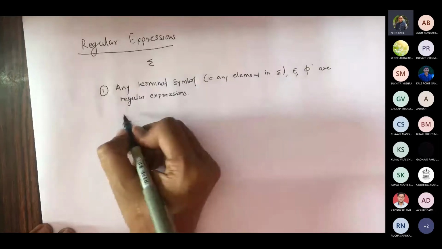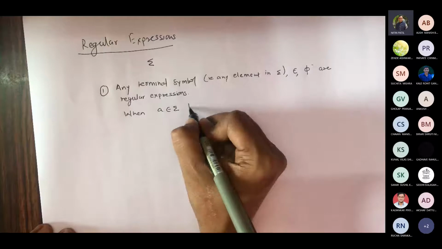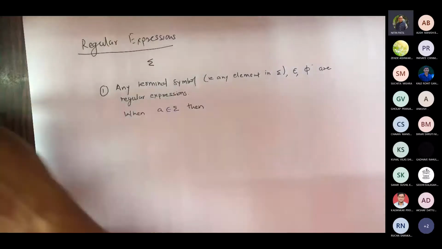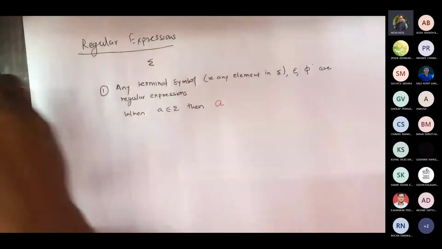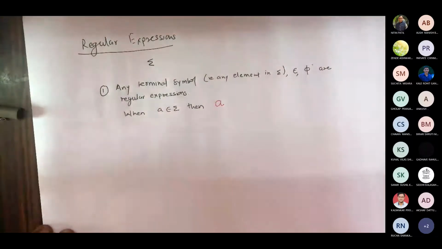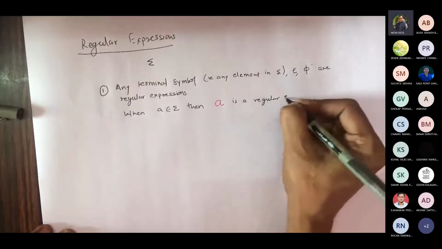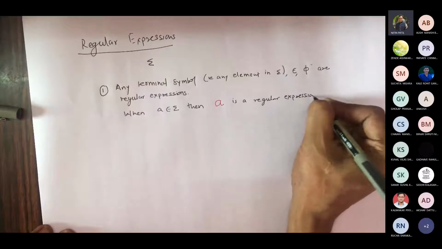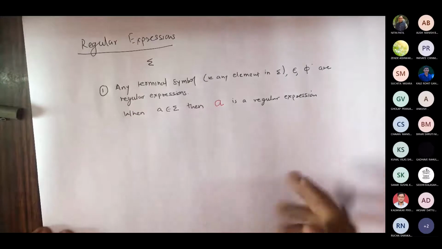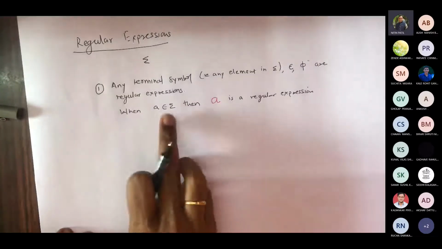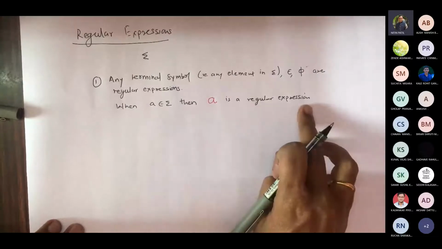Fine. So when A belongs to sigma, I will use some representation: A is a regular expression. So if A belongs to sigma, then we can represent A as a regular expression.